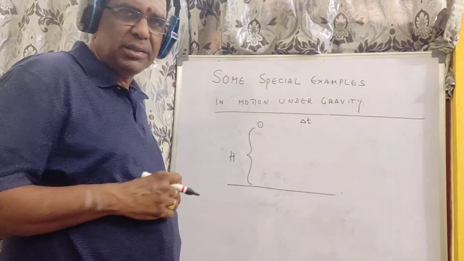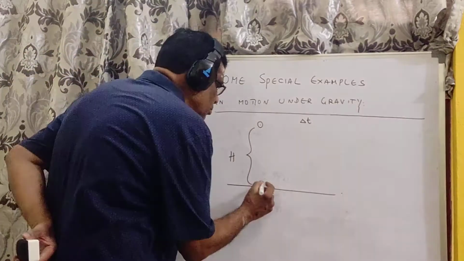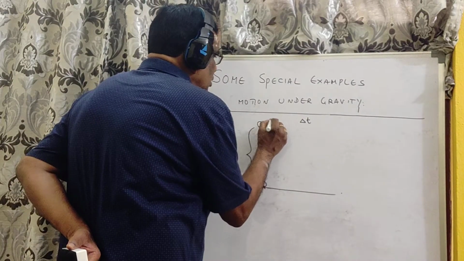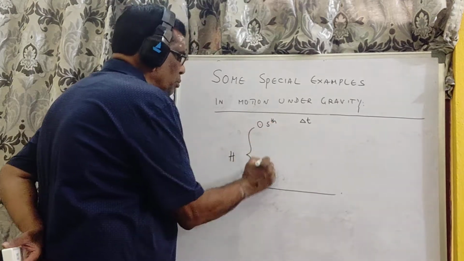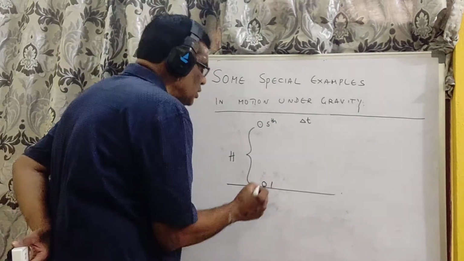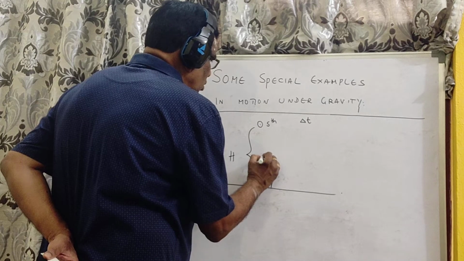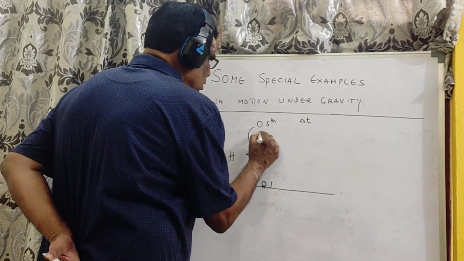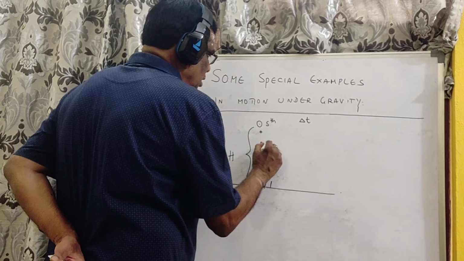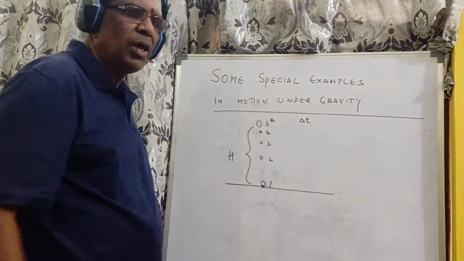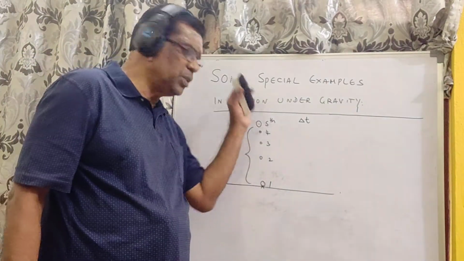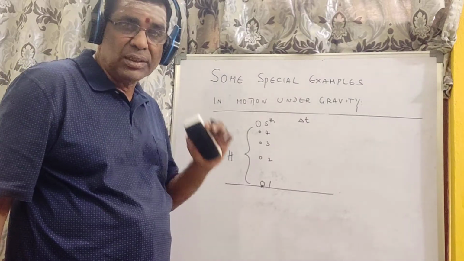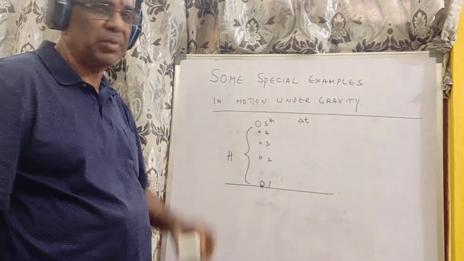Now, the problem is, he will tell you that by the time the first ball strikes the ground, the fifth ball is about to be dropped. So, this is the first one, this is the fifth one. Maybe you may have it like this. This is the second ball, third ball, fourth ball. At this instant, what are the positions of these balls? He is asking the height of each of these balls from the ground.